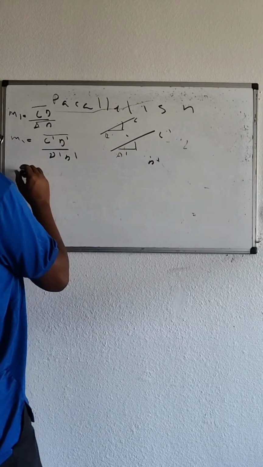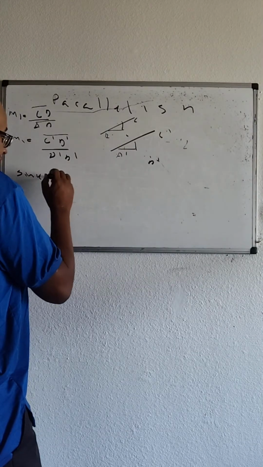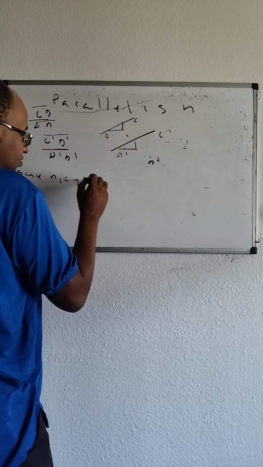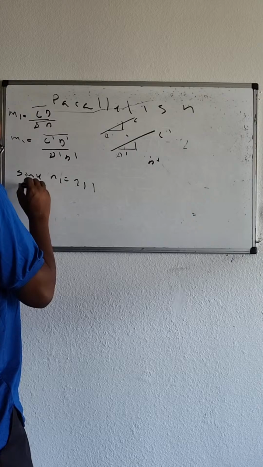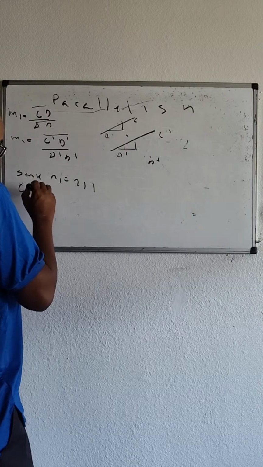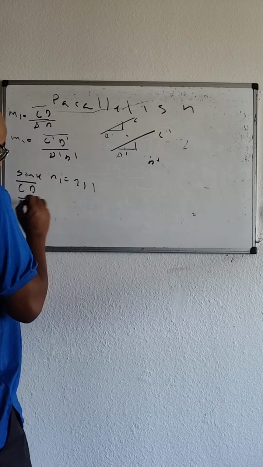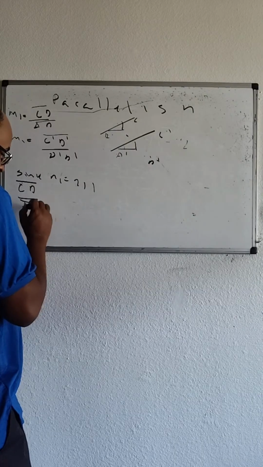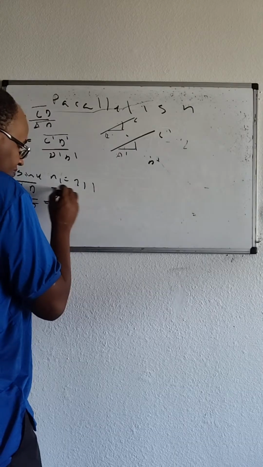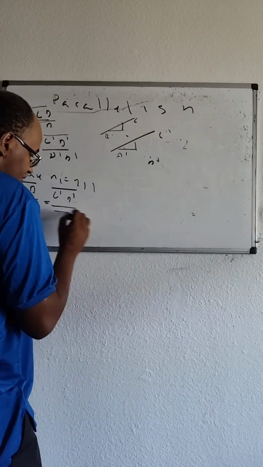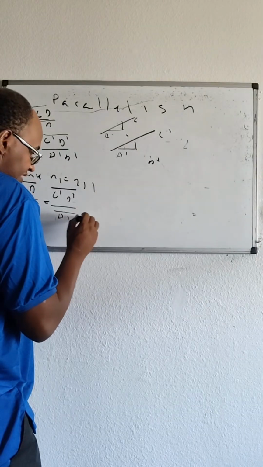And since M1 equals M2, so we say CB over AB is equal to C prime B prime over A prime B prime.